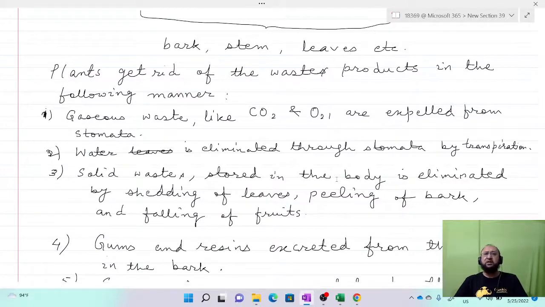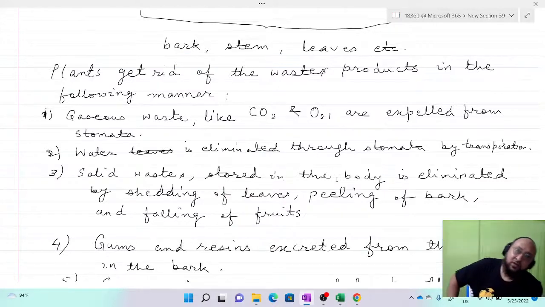Water is eliminated through stomata by transpiration. Transpiration is a very common and important process in the plant body by which the excess water is lost. This loss of water also takes place through stomata, and water is lost in the form of water vapor, in gaseous form.